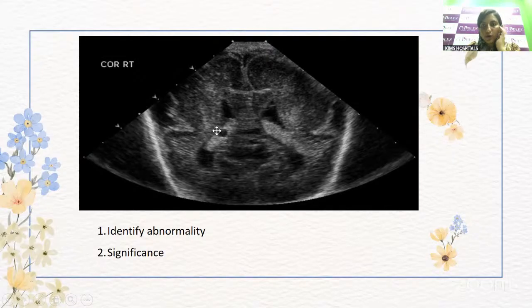So this is a choroid plexus cyst. Mostly it is a normal finding, but it is abnormal if the size is more than 1 centimeter or if it is bilateral, as it is a soft marker for dysmorphism. If it is present along with other soft markers of dysmorphism, then it has to be considered significant.